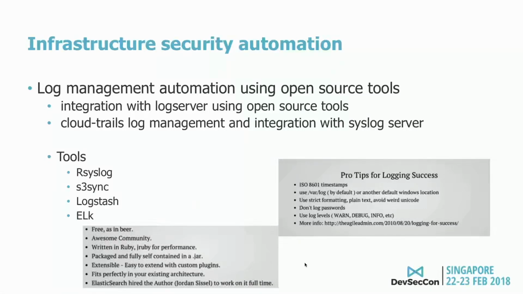Using Grok, it's very easy to manage and aggregate all the logs and store them. Then we store them in our S3 bucket, and from that we fetch using Elasticsearch, and using Kibana you can visualize all the logs.